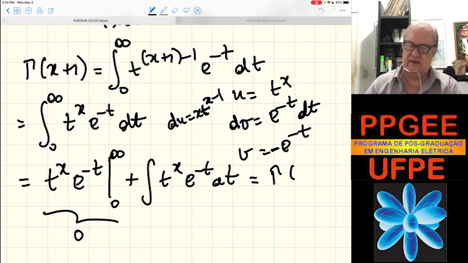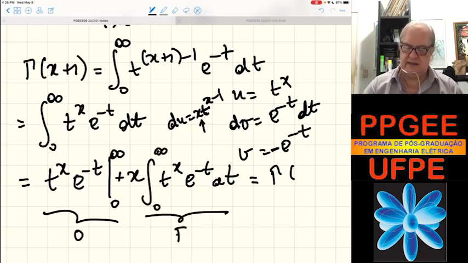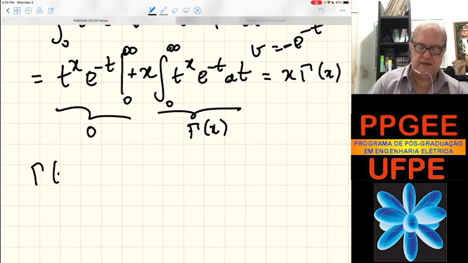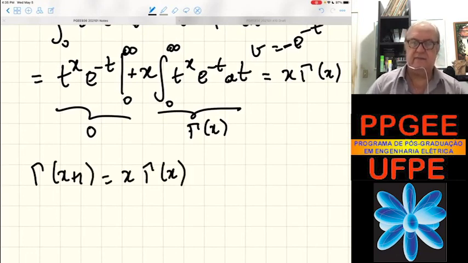So we're going to have here an x that comes from that one, and this one is gamma x. So we have x gamma x, right? That's the property. Gamma x plus 1 equals x gamma x.